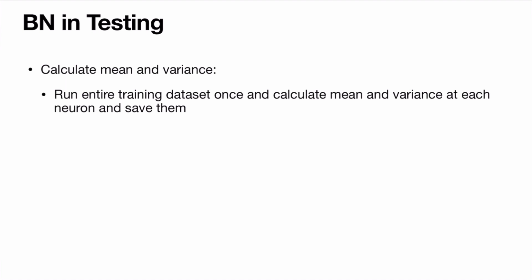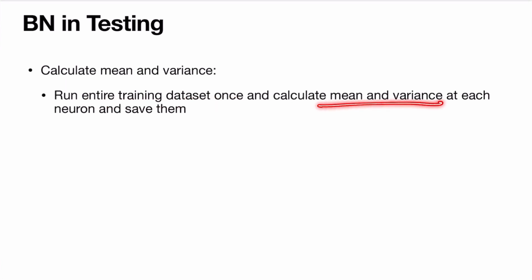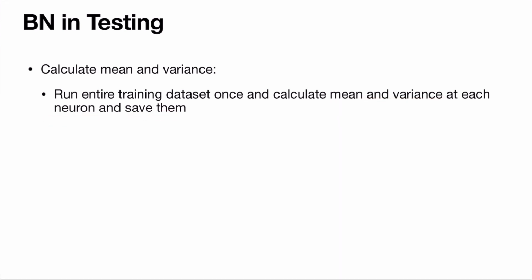For calculating the mean and variance, one option is to run the entire data set once through the network, then calculate the mean and variance for each and every neuron and save them in a file. As we are running the entire training set at once, we will capture the whole training dataset distribution. So this is one option.